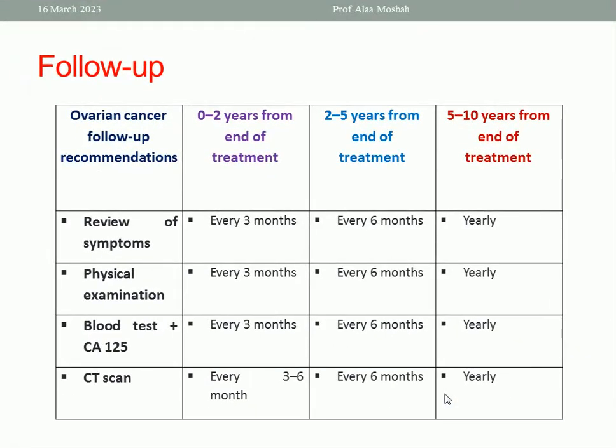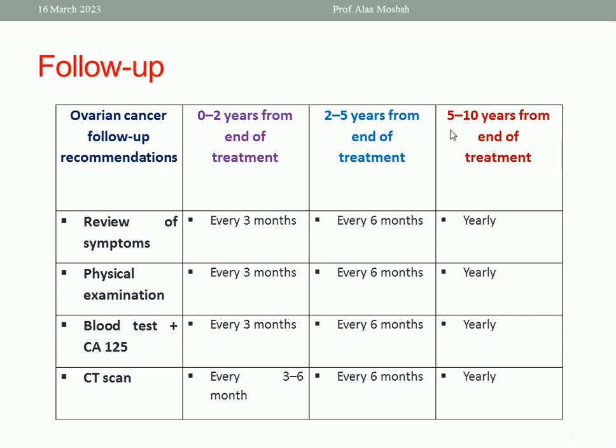Lastly, what about the follow-up of such patients with ovarian cancer? We can divide the patients into three main groups. Okay? In the first 2 years, then from 2 to 5 years after the end of treatment, and the third group from 5 to 10 years from the end of treatment. Okay?